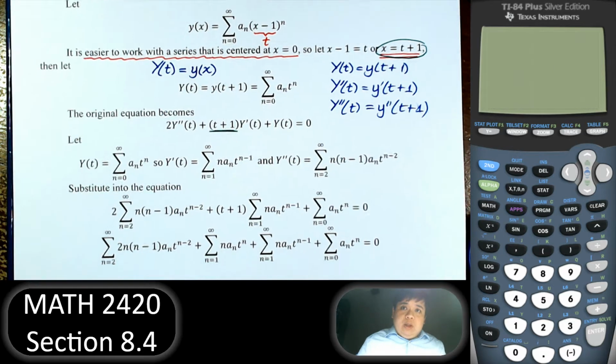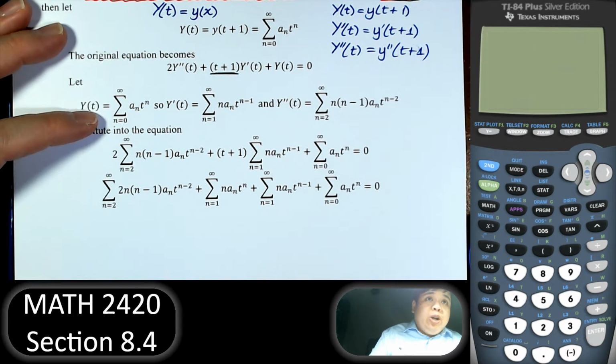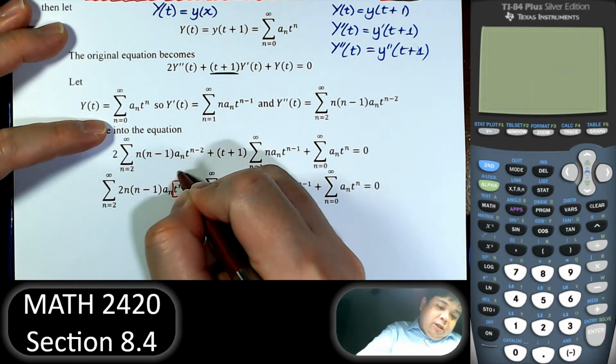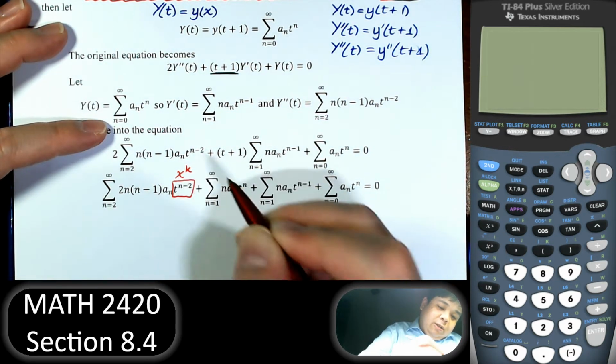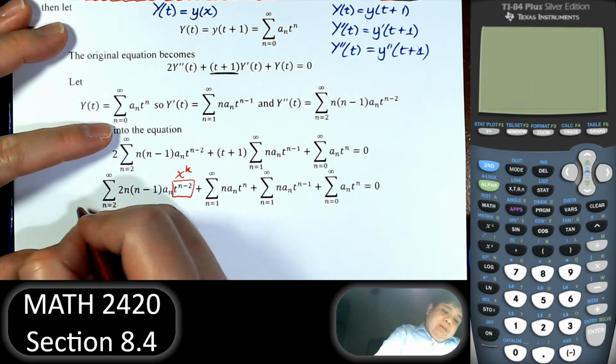To combine them, we can do one of two things: change the index and then split out a few terms so we can combine them, or split out a few terms and then change the index. What I do here is assume that all of them are raised to the k power. For the first one, we have k equal to n minus 2.